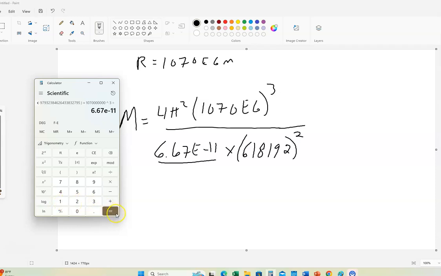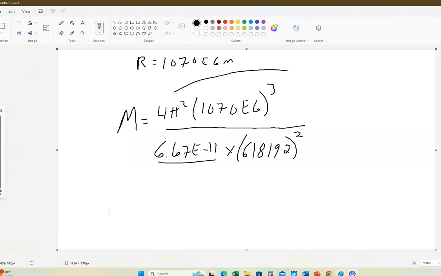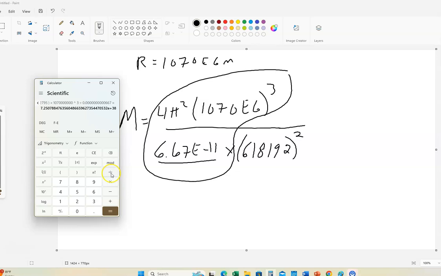All right, so this is not going to be the complete answer. What I just calculated is just this part of the equation. Now I have to divide that by the period squared. Remember, I stored that already. There's the period. I square it, and let's see what it comes out to be.